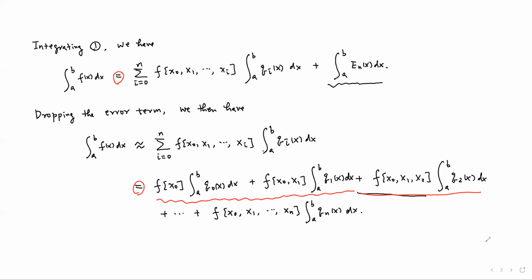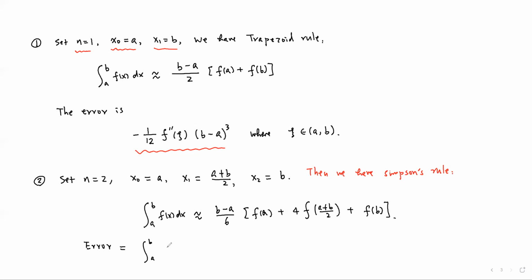Error term, n is 2. So the integral from a to b of E2(x) dx. By the formula for En, it is 1 over (n plus 1) factorial. Now n is 2, so 1 over 3 factorial, times the derivative of f evaluated at some point psi. This point depends on x.